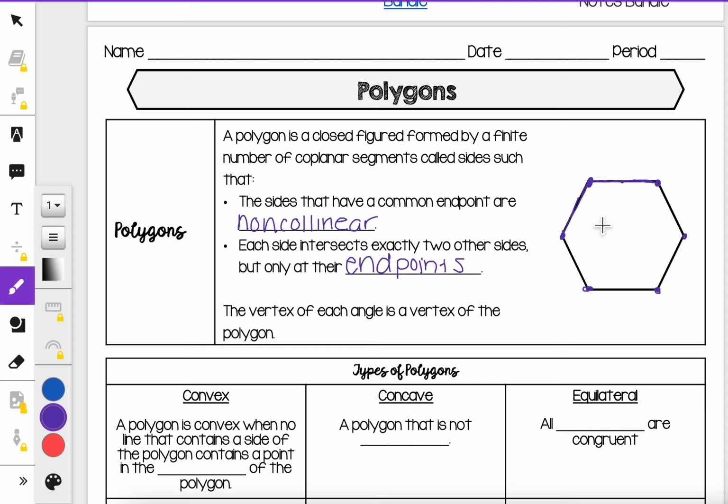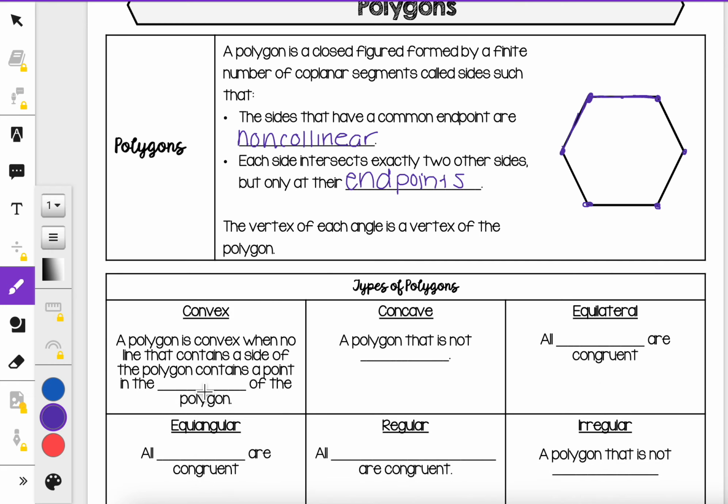Now, let's talk about different ways and different classifications that we can have for polygons. All right, this polygon right here is an example of what's called a convex polygon. So a polygon is convex when no line that contains a side of the polygon contains a point in the interior of the polygon.